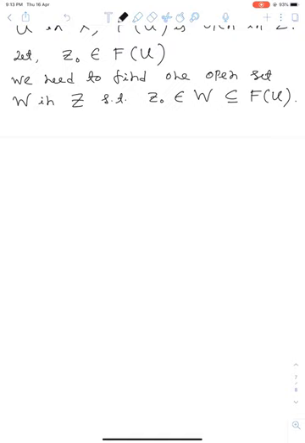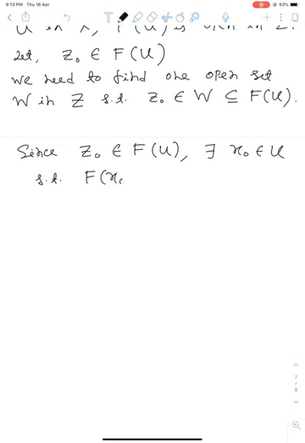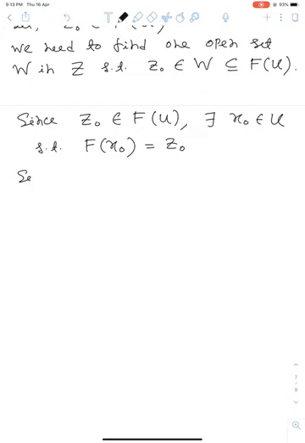So first of all, remember that my z0 belongs to f(U). Since z0 belongs to f(U), there exists x0 in U such that f(x0) equals z0. Now what is the property of that x0 belonging to U? We need to use that property of the collection of functions f_n.